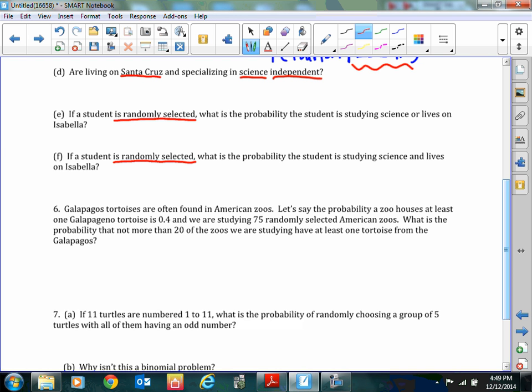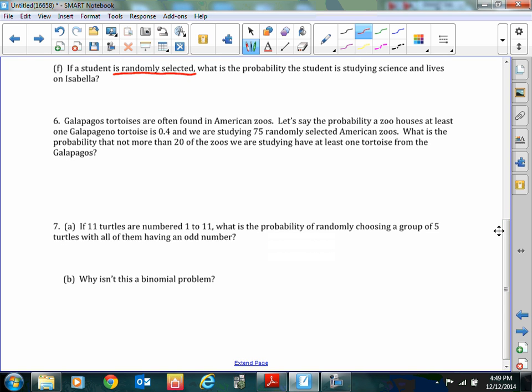All right, number 6. With number 6, we have this situation where we want to see, let's say, the probability that a zoo houses one Galapagos tortoise is 0.4, and we are studying 75 of them. So N is the number that we are studying.